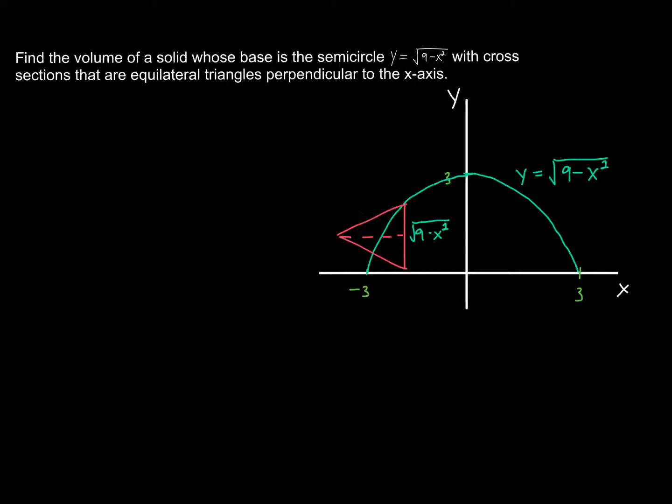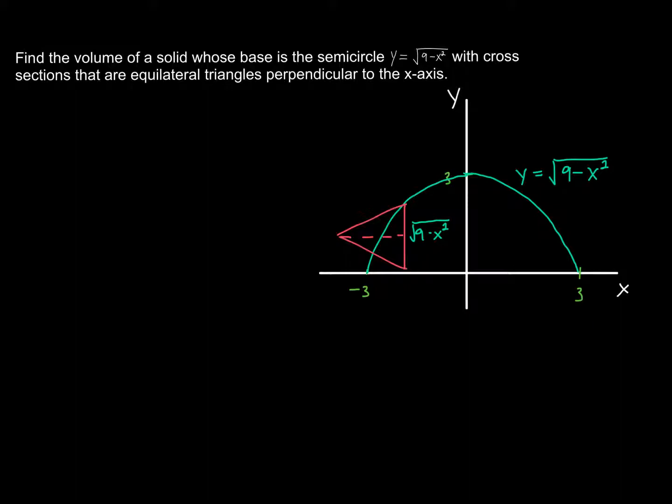If you had a 60-degree angle, which is pi over 3 radians, and your hypotenuse was 1, then your cosine value is 1/2, and your sine value is root 3 over 2. What that means is that the height for a 30-60-90 triangle is going to be square root of 3 over 2 times the size of your hypotenuse, since our hypotenuse in our unit circle is 1. So our height here is going to be root 3 over 2 times the square root of 9 minus x squared.